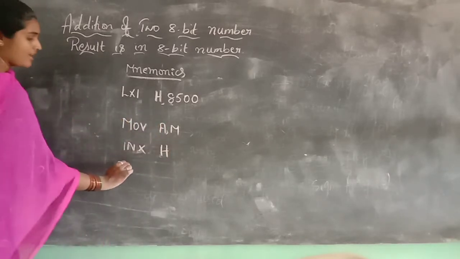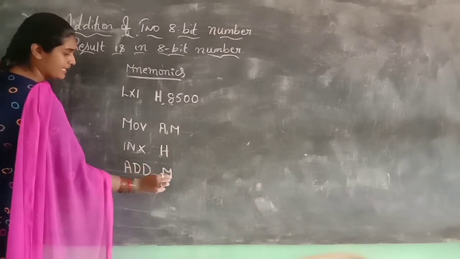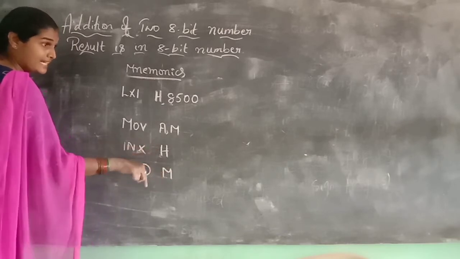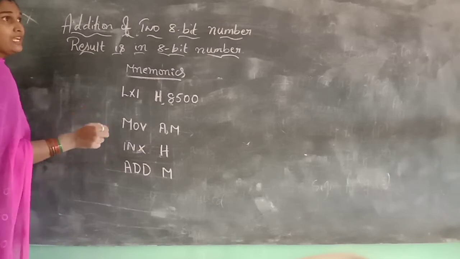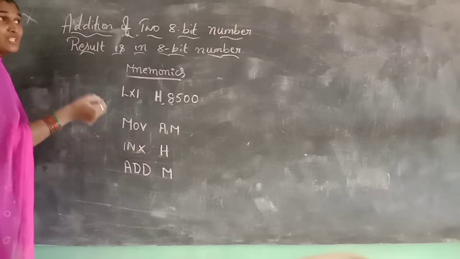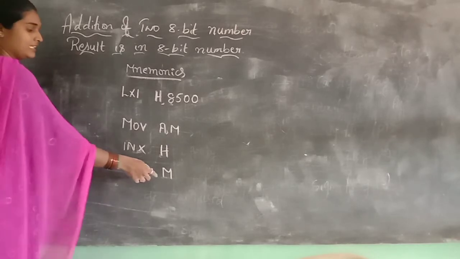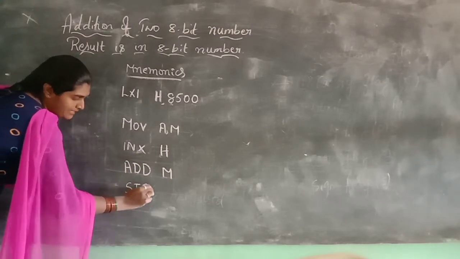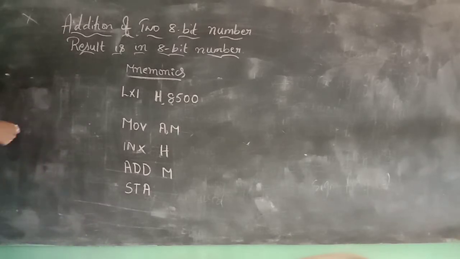And next, add M. Here M is memory. M indirectly indicates the HL location, the data which is present in the HL location. And then finally the result, which is stored in the accumulator, I want to place.